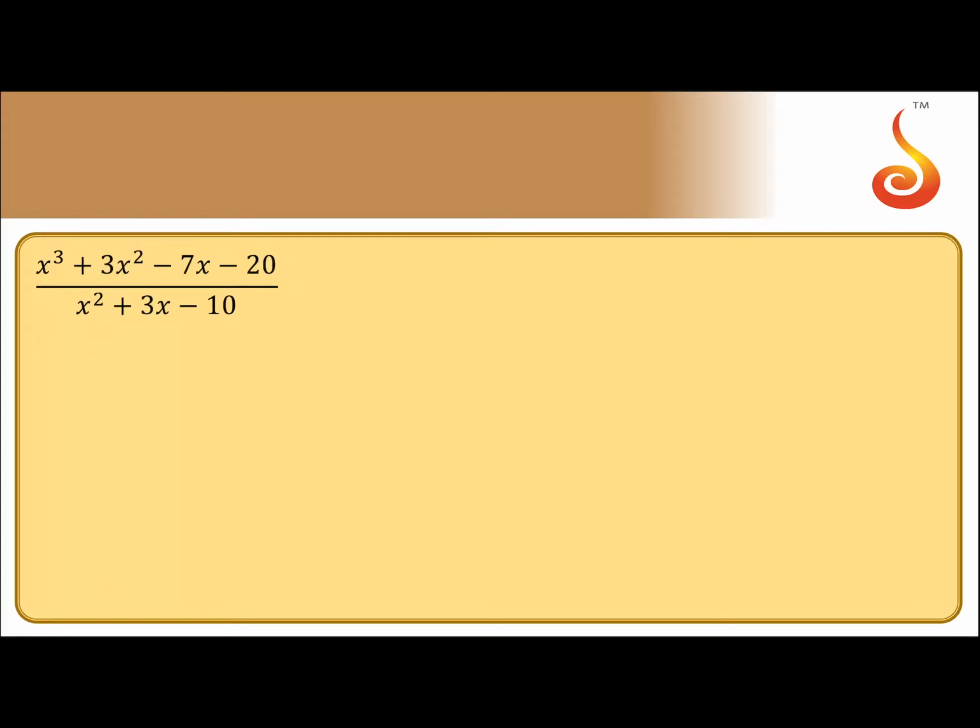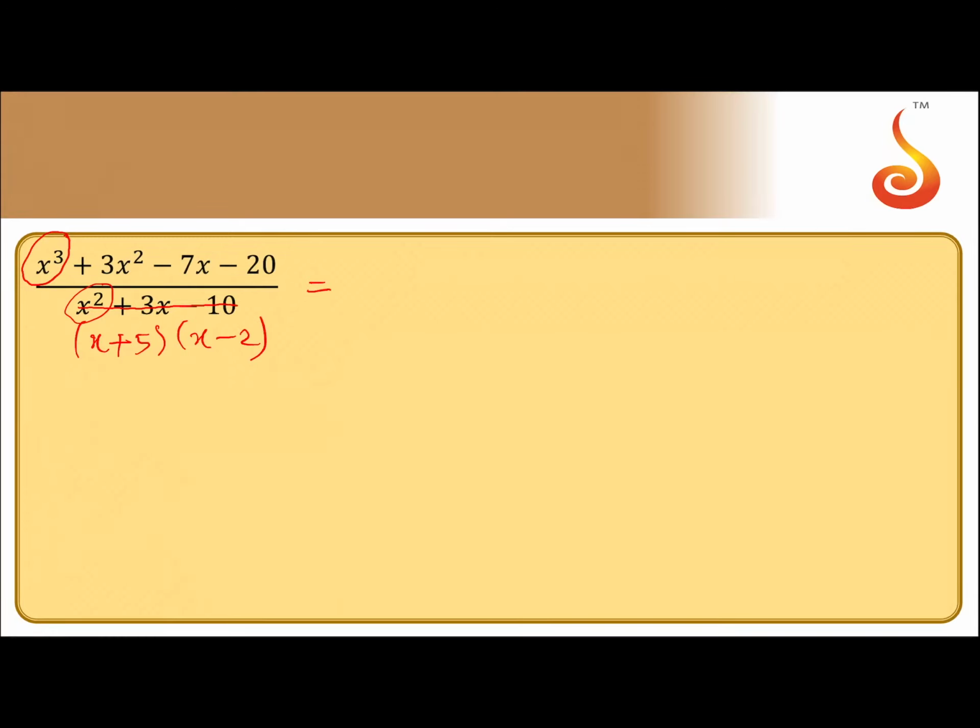How would you proceed for simplifying this one? First of all, concentrate here. I can factorize the denominator as x plus 5 multiplied by x minus 2. The numerator degree is 3, the denominator degree is 2.